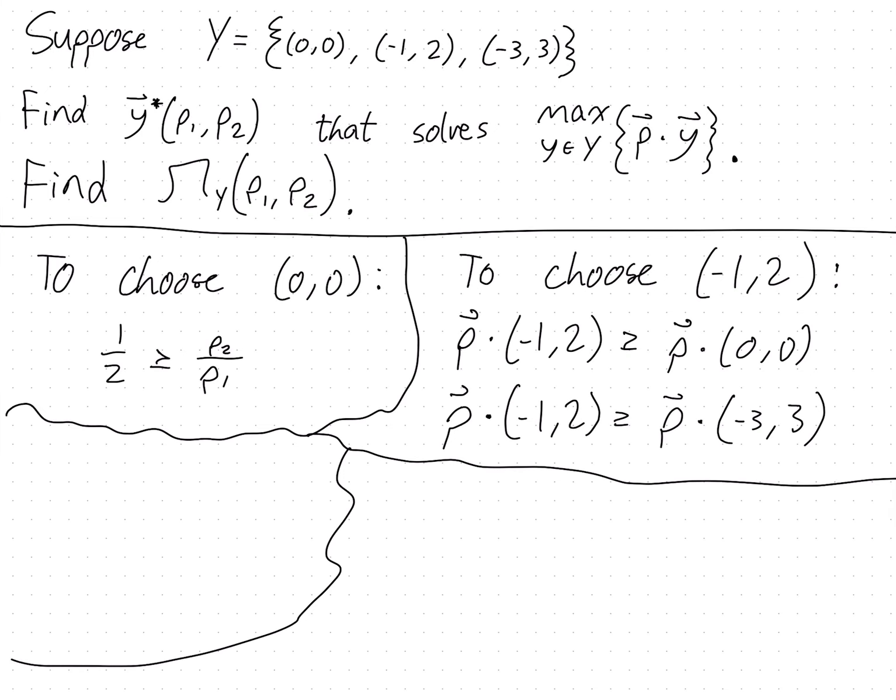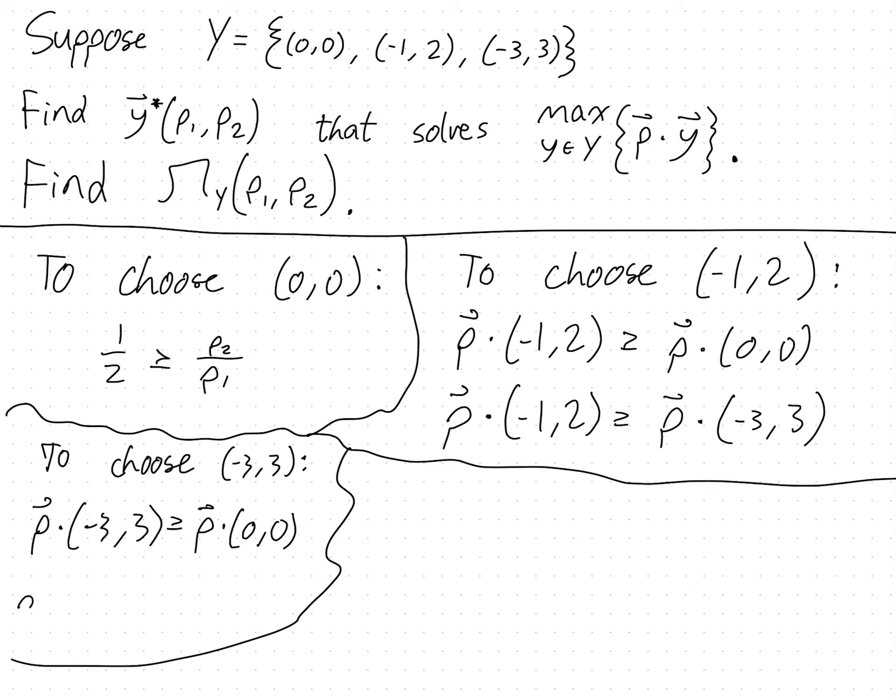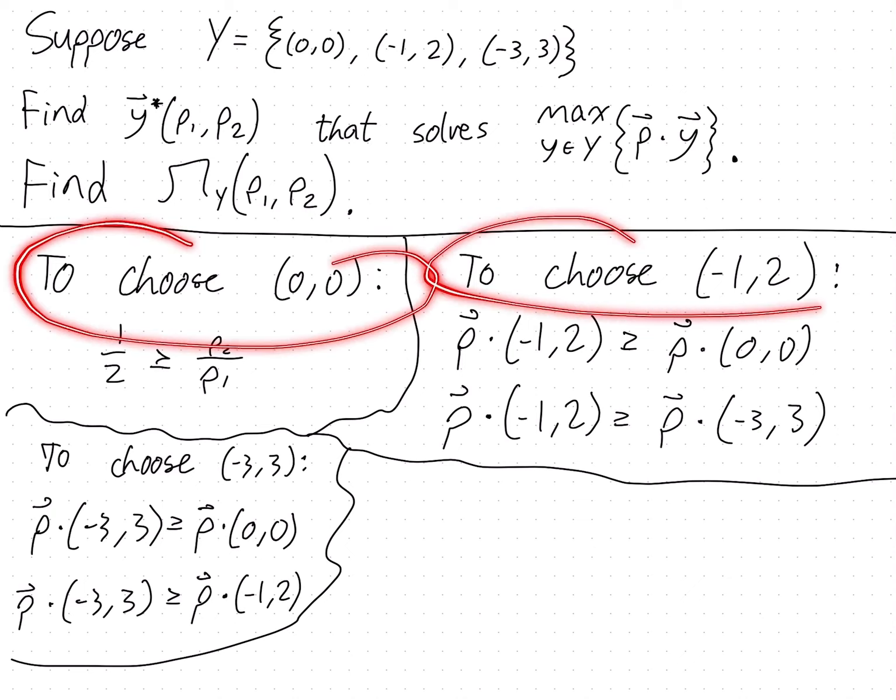And lastly, P dotted with negative 3, 3 has to be bigger than both of the other options.